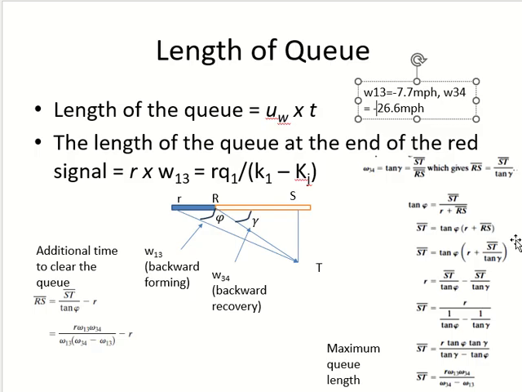This one will be W34, and this one you know, and this one you already calculated. You should convert to hours because everything is in miles per hour. Then you will get the answer in hours, as some fraction.